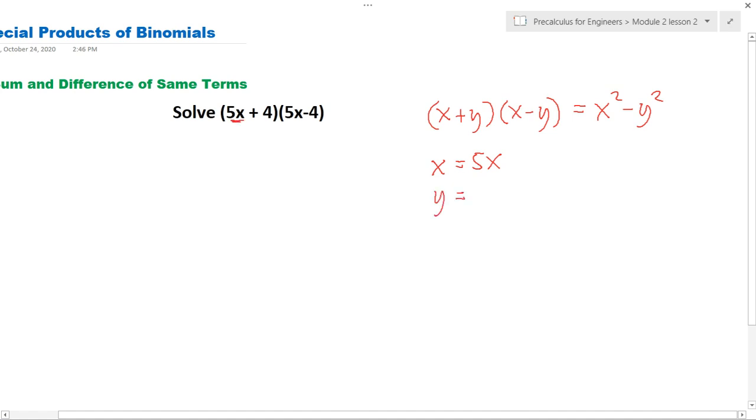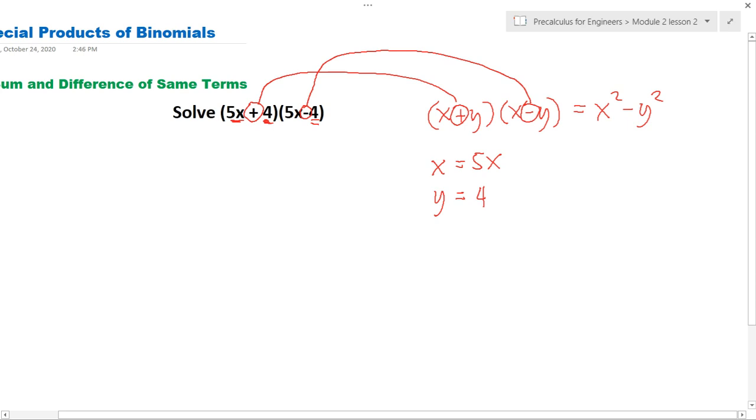Our y would be 4 in this example. So 4. Hindi siya negative 4. Bakit? Kasi kung titingnan mo, dapat ito separated by plus. Then dito din separated siya by minus. So this one also separated by minus. So therefore, yung y mo pala is just simply 4, positive number.